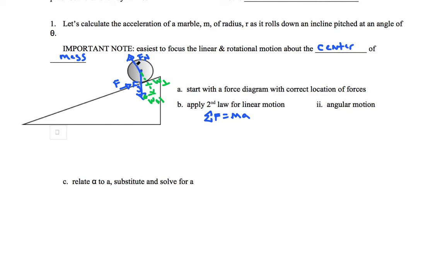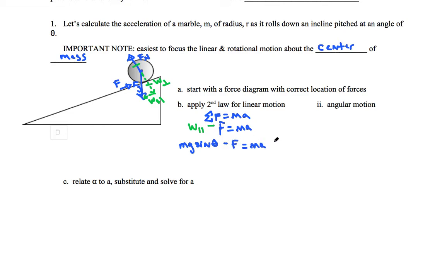The weight perpendicular is equal to the normal force, and the weight parallel minus this frictional force, this force going against it, is what's equal to my ma. So the weight parallel minus that frictional force is equal to my ma. Now, the weight parallel is mg sine theta, minus that F, and that's equal to ma.